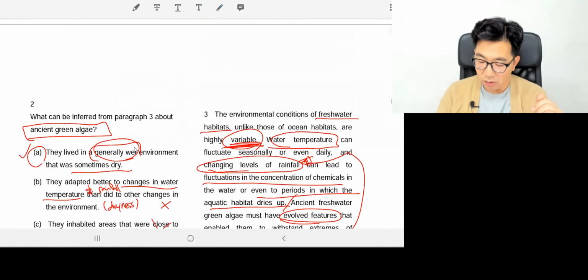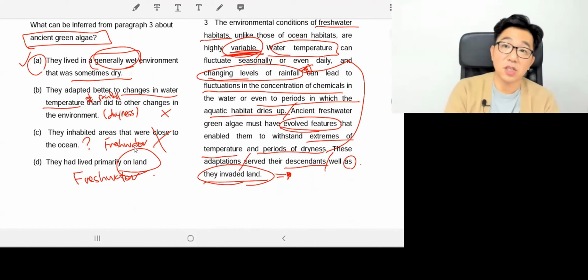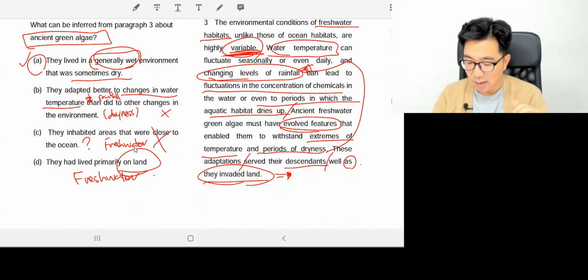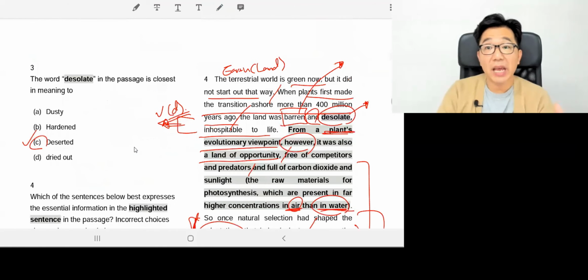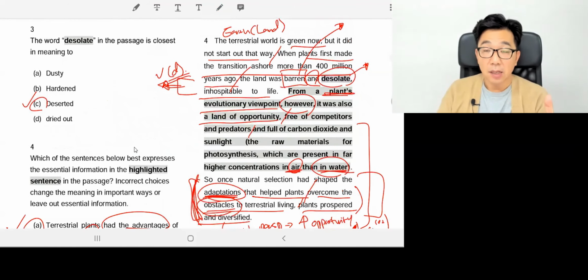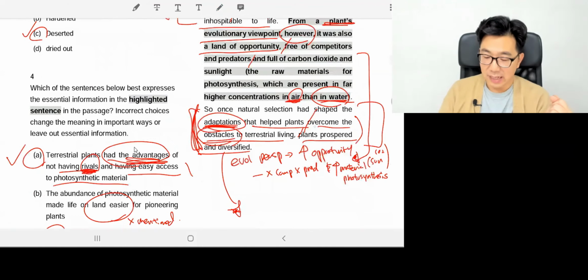And then when you get to paragraphs 3, 4, 5, 6, it talks about how freshwater conditions were like this, but land conditions were like that, and how they evolved, changed and developed to overcome the challenges they had in dealing with the conditions of land as land plants.